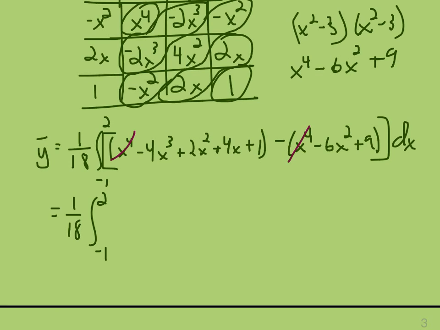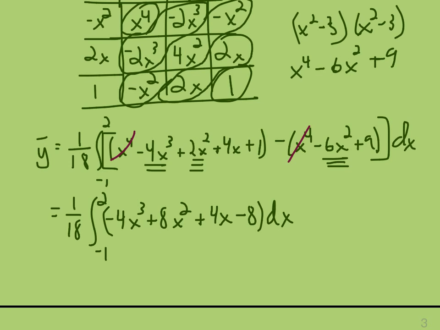So we're going to have negative 4x cubed, our squared term is going to be 8x squared, 2x squared minus a negative 6x squared. We'll have a 4x, and then we'll have a negative 8 for the constant term.